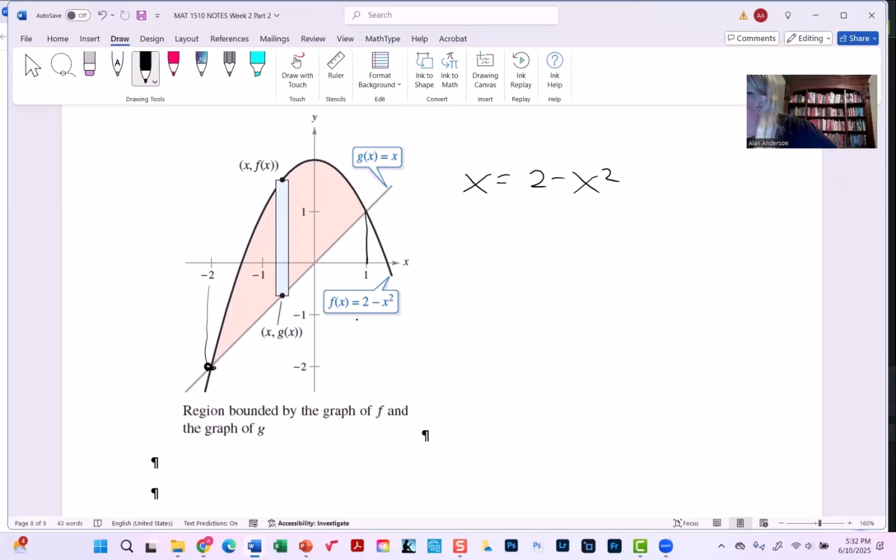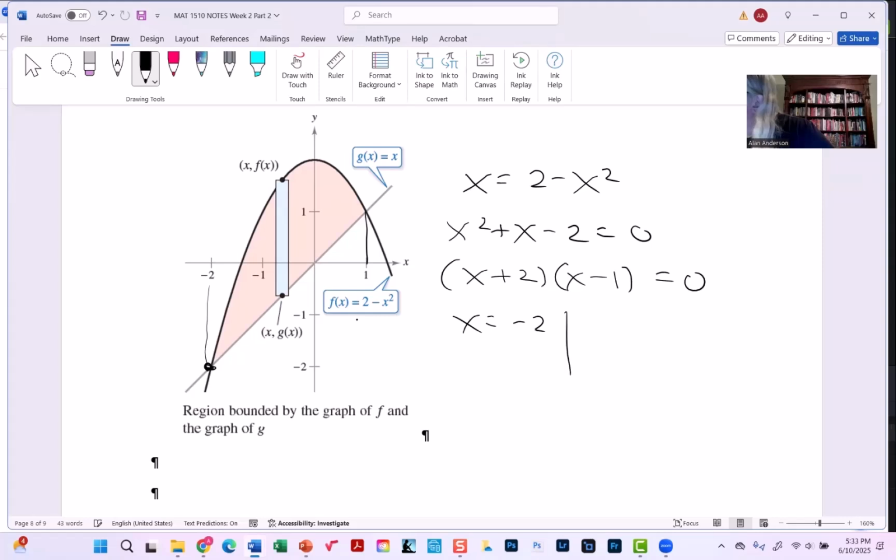Okay, solve. Now, of course, there's going to be 2 points because the result will be another quadratic expression. And now, in this case, it's such a simple result that we can factor it out. We end up with 2 solutions, -2 and +1.